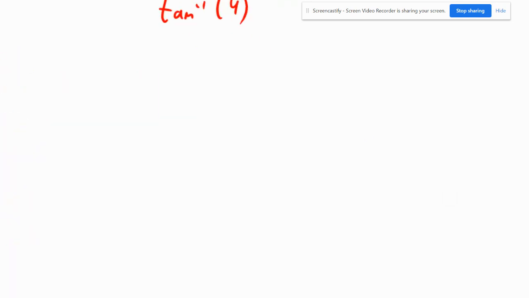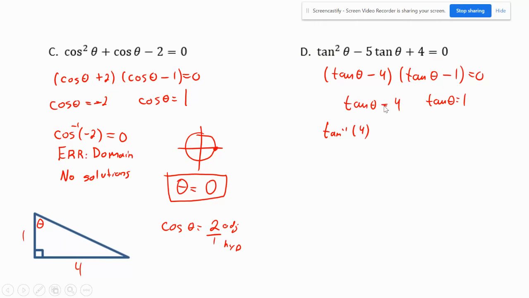So when I do this, I get 1.325 and a few more decimal places after this. But we need to remember, anytime we do the inverse method, we have to apply our CAST rule. Tan is positive in A and T, so that means we're not in these two quadrants. That means angle 1 is 1.3.